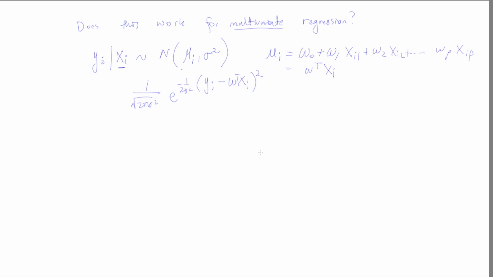And you're still going to do maximum likelihood exactly the same way. This is still the squared error of the multivariate model, so you're going to get exactly the same results. So it all checks out for the multivariate case as well.